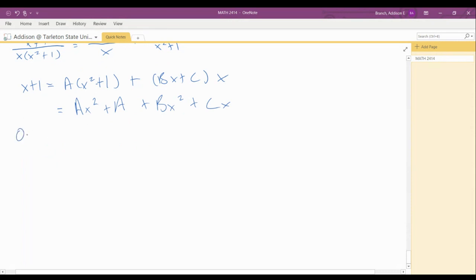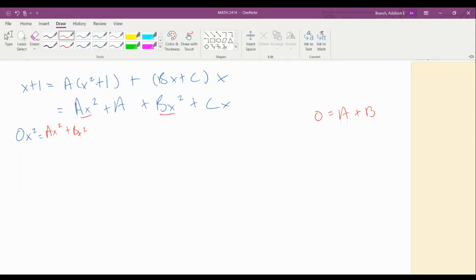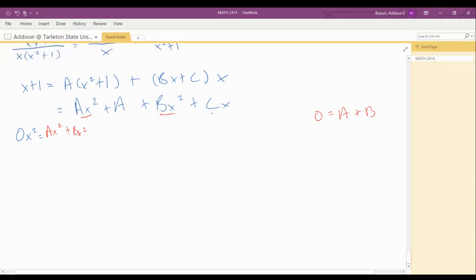We have 0x squared for our Ax squared plus Bx squared, so 0 equals A plus B. We then have our x is equal to Cx, so therefore 1 equals C. Our last term is just our A, which is our constant, so 1 equals A. So this one's a lot easier just because we didn't have as many terms.